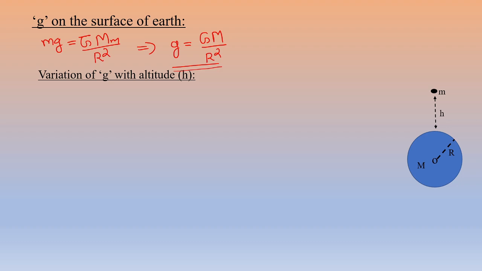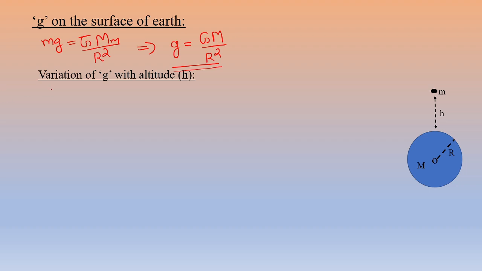So the weight acting on that body is equal to m into g. That is also equal to, according to Newton's law of gravitation, another expression, G M m divided by r plus h.